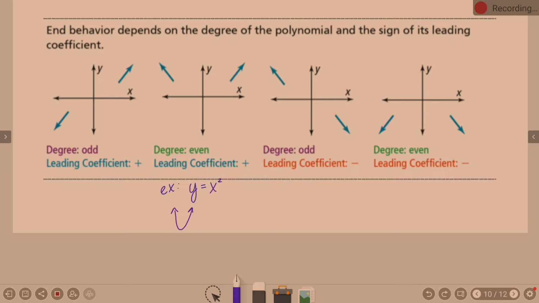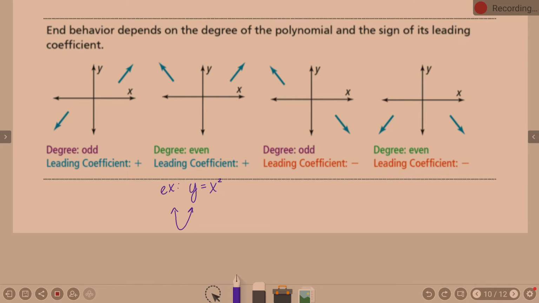Up. So my y is going up to positive infinity. As my graph goes off to the right? Positive. Then my graph is going up again, up to positive infinity.